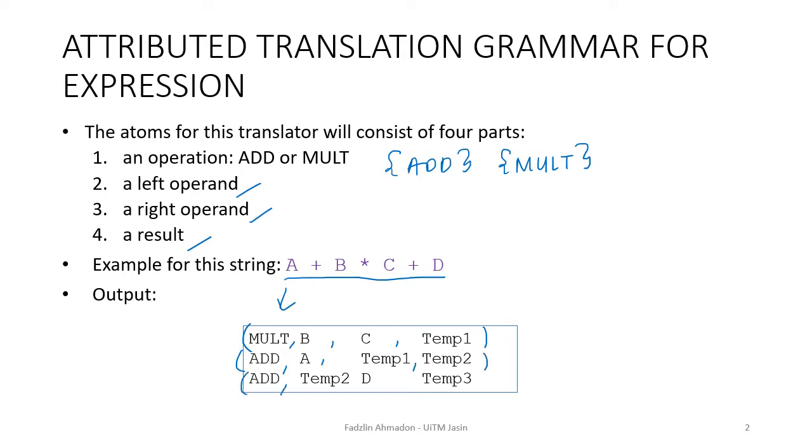And add T2 with D and store into T3. So this will come from the grammar, and we do not need to think what would be the order of the operations, and we will get this output from applying the input into our grammar.